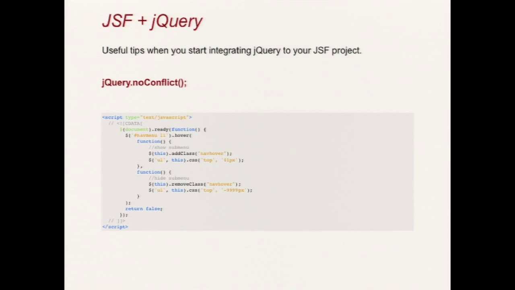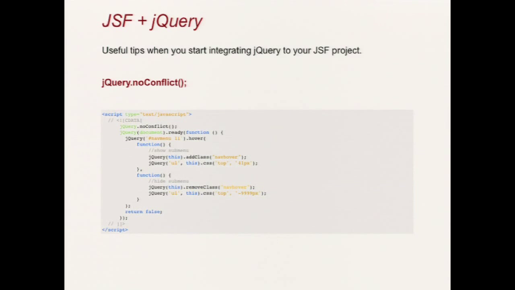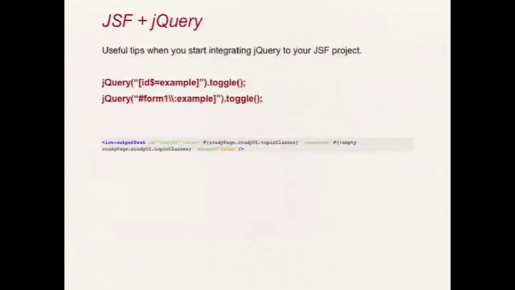In your first line of jQuery, you just place a jQuery noConflict, and you'll be able to switch that out. So in this example, we have the dollar symbol, and then we've introduced the jQuery noConflict and switched jQuery out throughout our code.